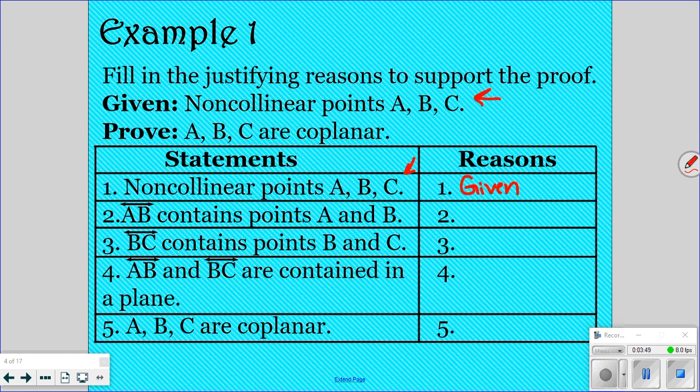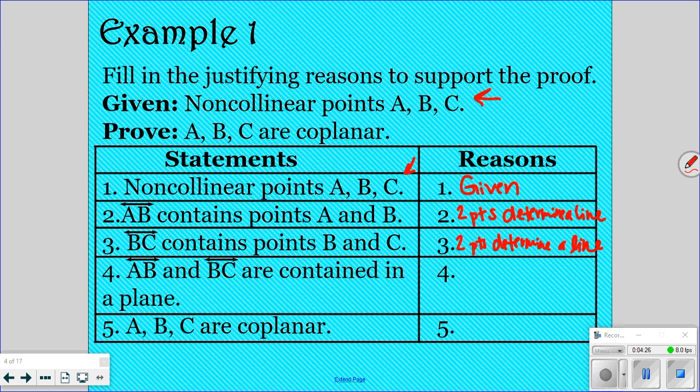And then it says line AB contains points A and B. The reasoning for that would be 2 points determine a line. And then for step 3, line BC contains points B and C. So what could be the reasoning for that one? Again, 2 points determine a line. So both of those have the same reasoning.